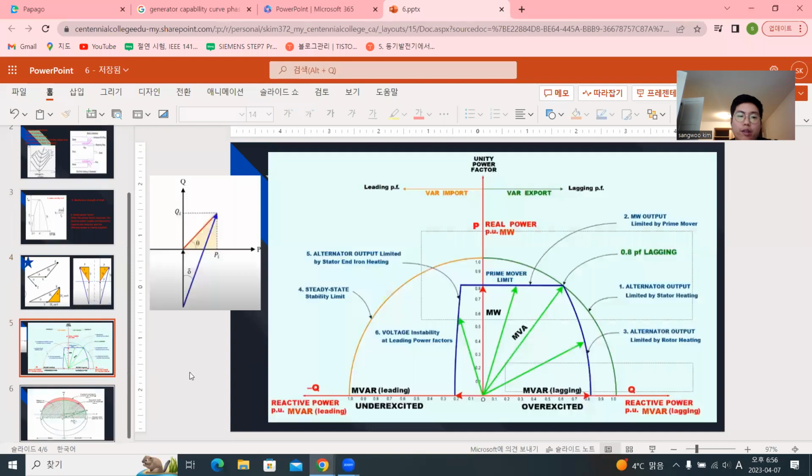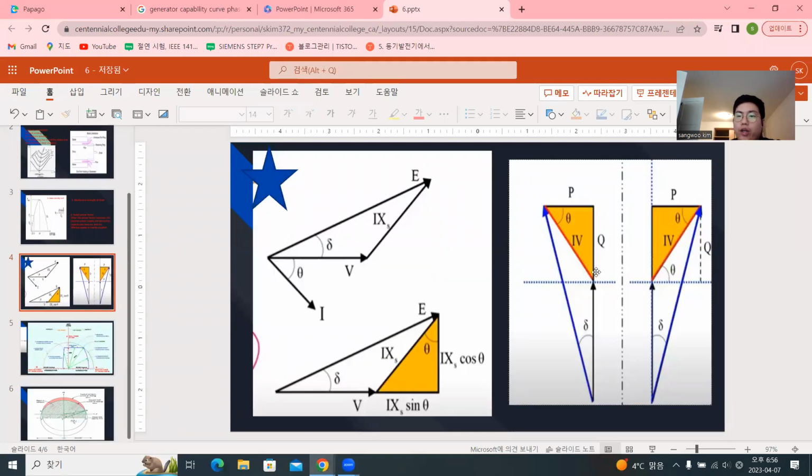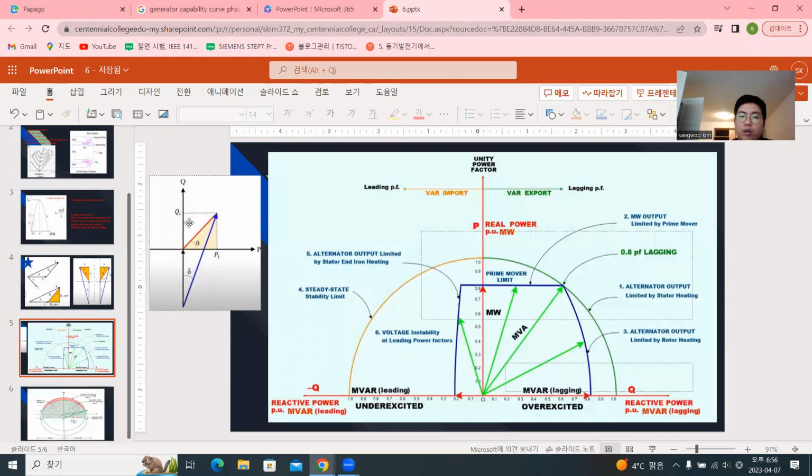So the next part is here. Look at this triangle, number 1, 2, 3, 4. This triangle, we move to here, right? Same, right? So what I wanna say is here, guys, this part is the field, and this is the armature, right?